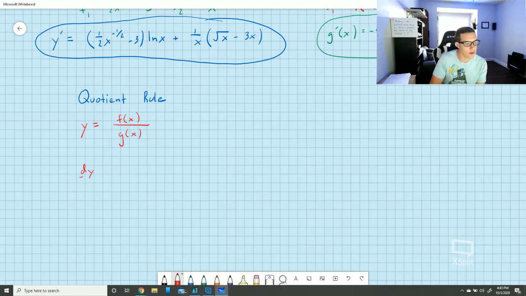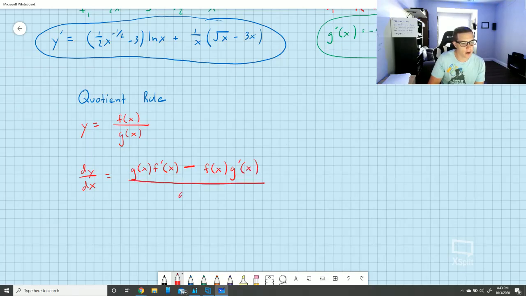Well, the derivative is, and it's on your derivative rule sheet, the low one times the derivative of the high one, minus, unlike the product rule, which was a plus, the high one times the derivative of the low one, all over the bottom one squared.